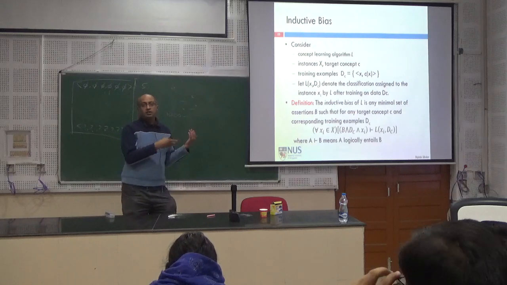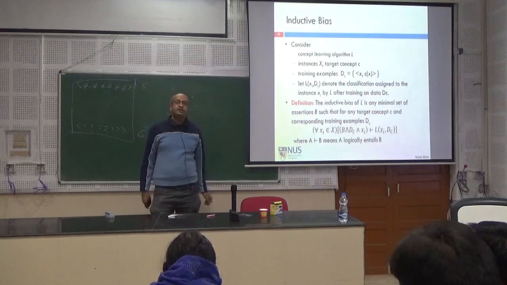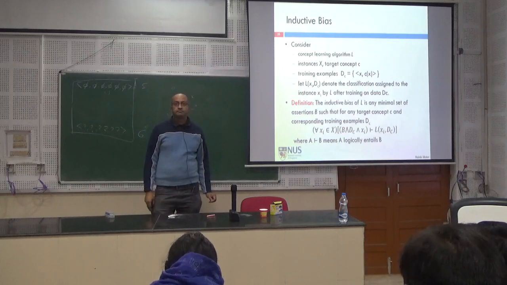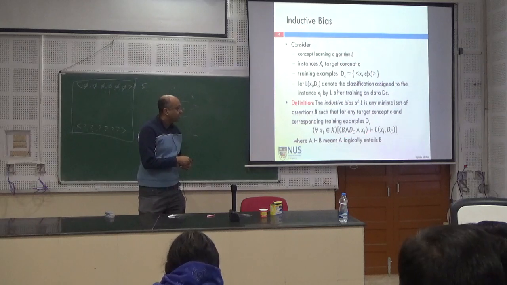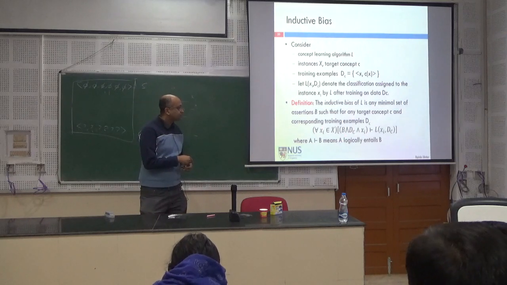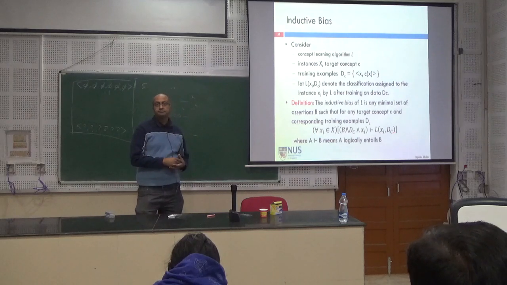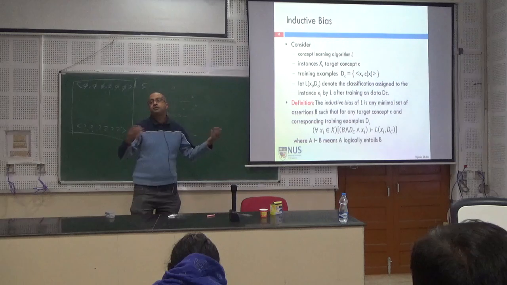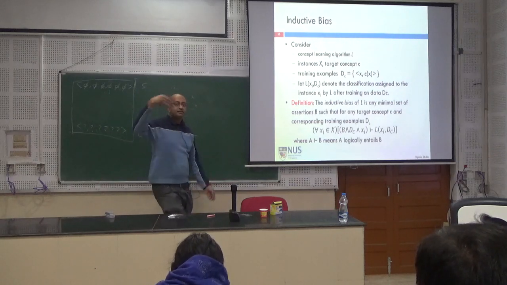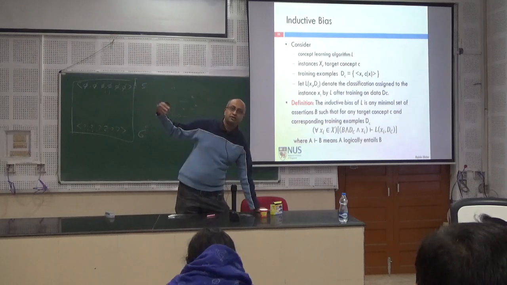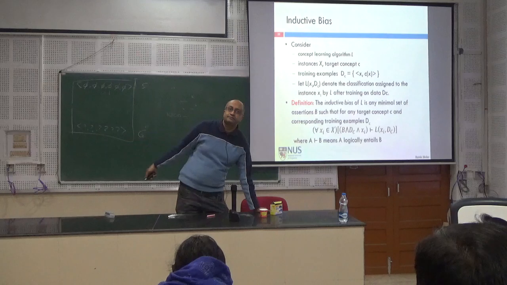For example, here, the extra thing that I had to add was disjunctions and negations. Okay? So what extra thing do I have to have, so that for all my instances, I will be doing the correct classification. That's the bias. This is just a mathematical way of saying what extra thing you need to add to your current set of assumptions so that you figure out the right hypothesis.